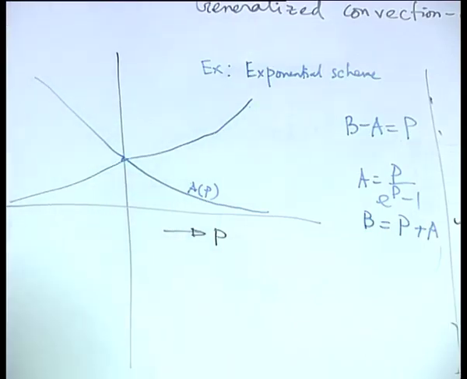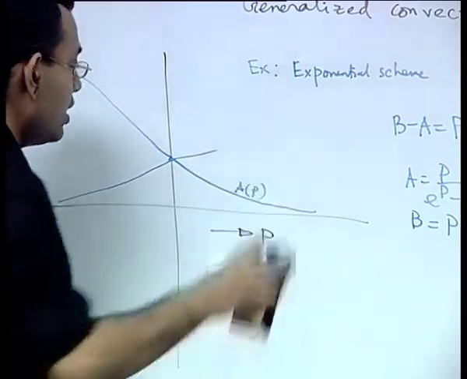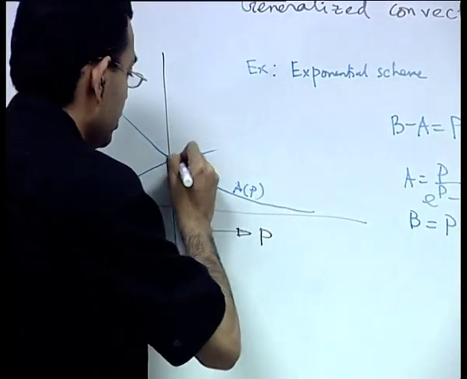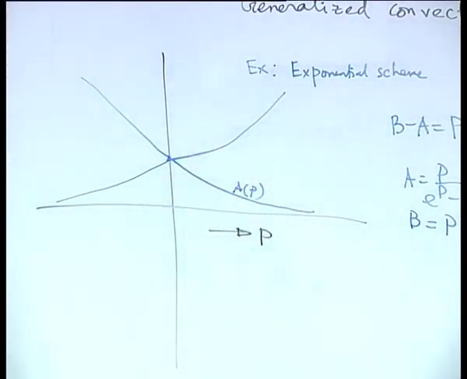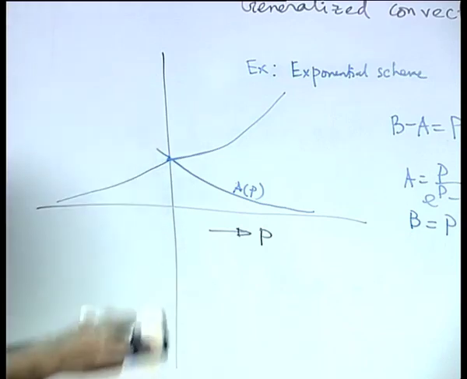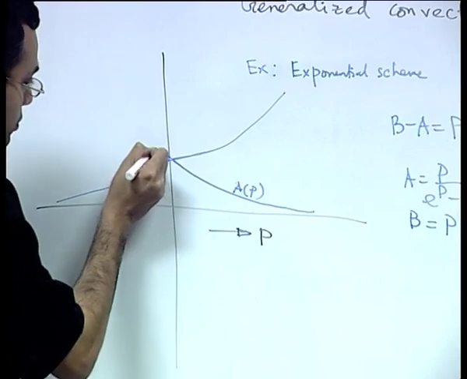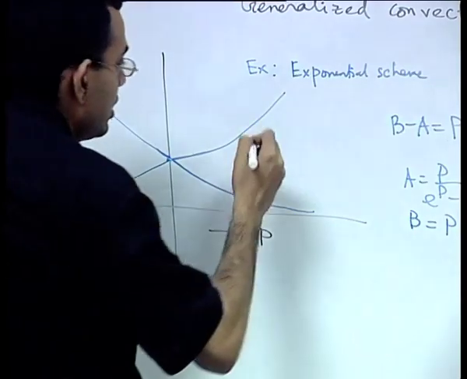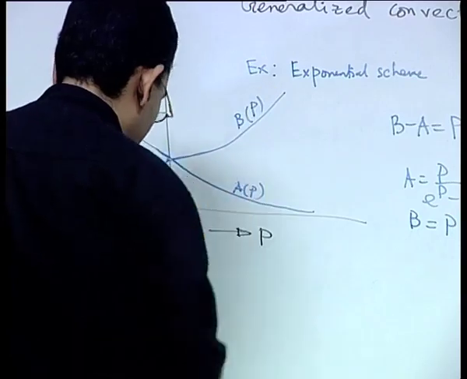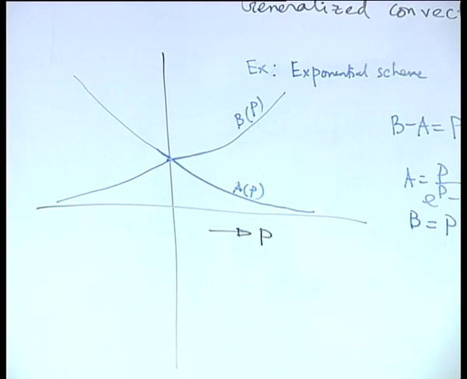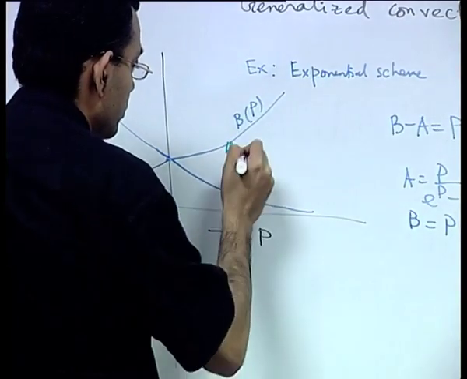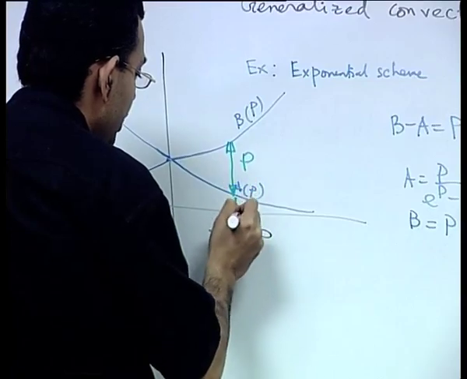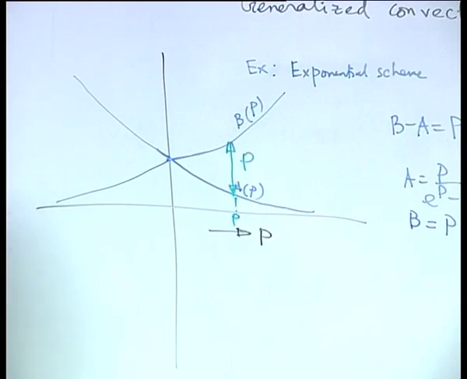So, you can see that if you draw this properly, these are sort of like reflections of one with respect to the other. So, this is B of P, and the difference between these two for any particular P is P itself.